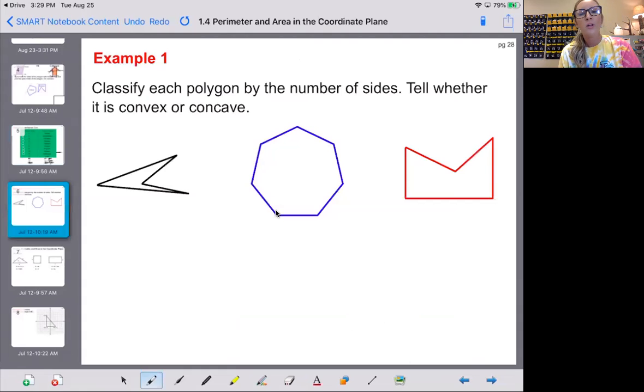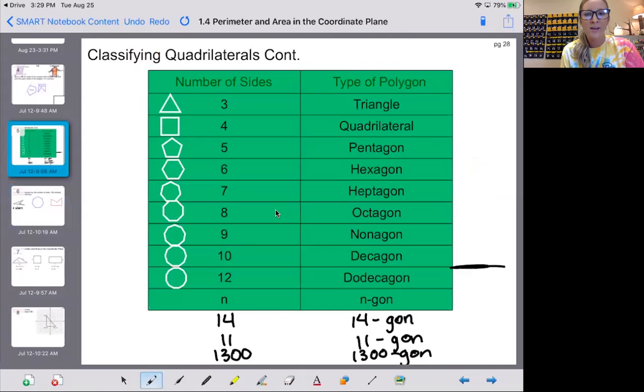So on here, we're going to classify by the number of sides. We're also going to tell if it's convex or concave. So on the first one, let's see how many sides it has. It has 1, 2, 3, 4 sides. And so I'm going to go to my list here that I just wrote down. 4 sides is called a quadrilateral.